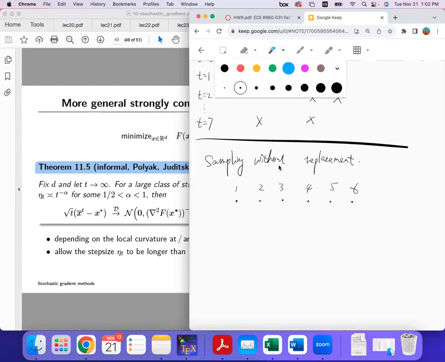You do a random shuffling. There are some built-in functions. Basically, you shuffle these six numbers or index, whatever. Maybe it becomes 3, 1, 2, 4, 6, 5.